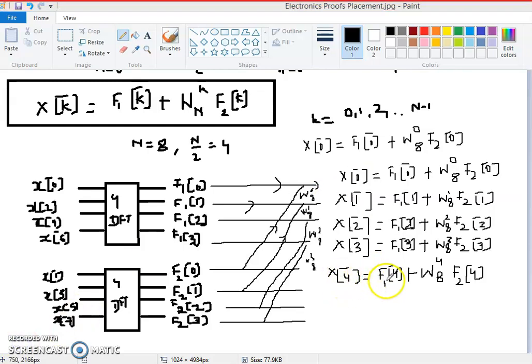Basically F1[4] will be this, and F1[4] is the same as F1[0], because it repeats its values after N times, times F2[0].